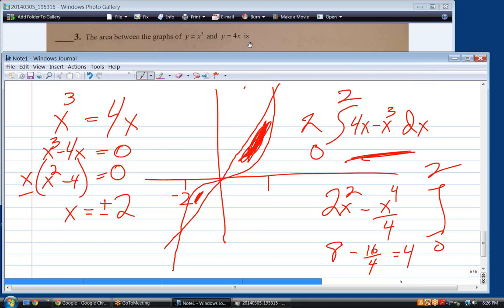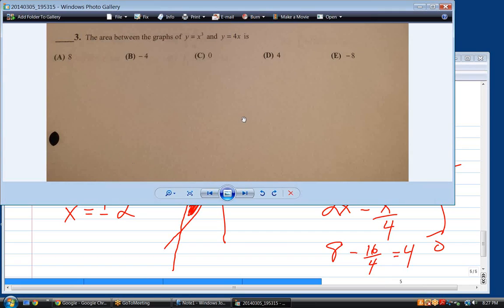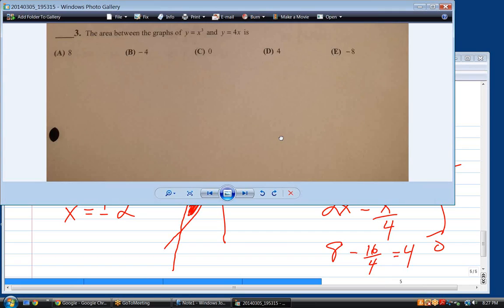They just said the area between those two curves, and that actually includes this area down here also, does it not? I mean, I would think it would. Yeah. What's the answer? Oh, you don't have the answers yet. Yeah, I'll keep checking on that. We'll have to go on.